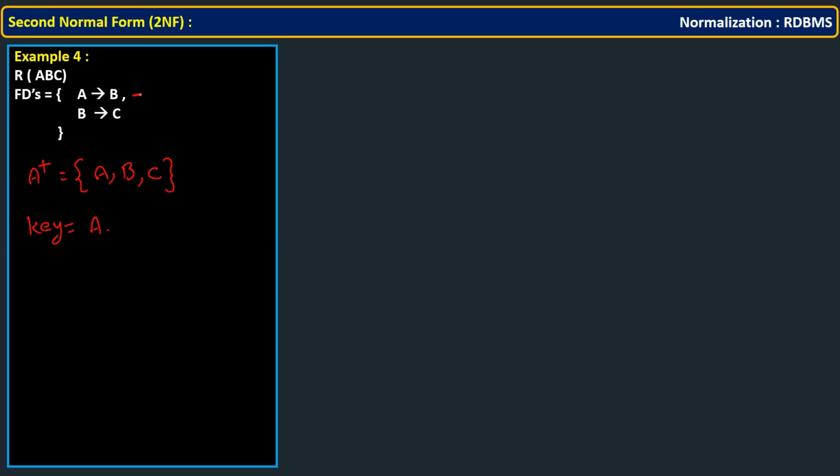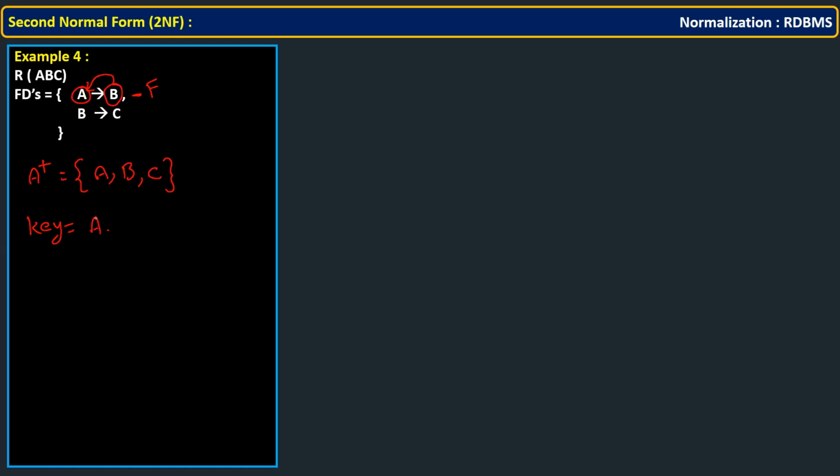See here, A derives B, right? What can you say about this FD? Is it a full functional dependency or a partial functional dependency? Observe, your key is A, which means only a single attribute is in your key. So this is fully functionally dependent on the primary key. That is why it is a full functional dependency, because the LHS is your key.